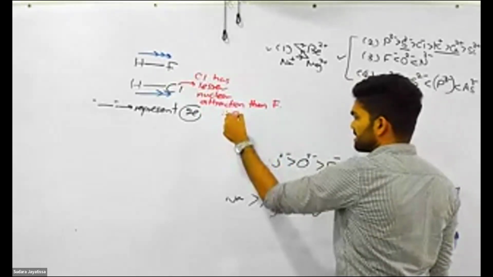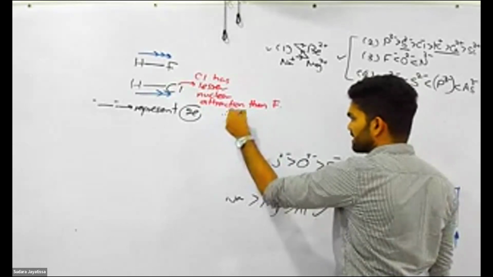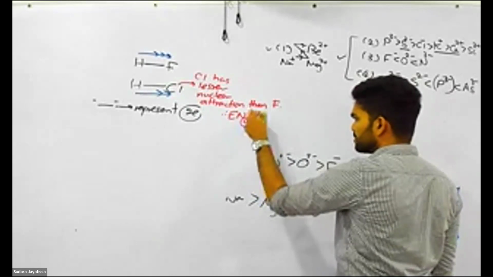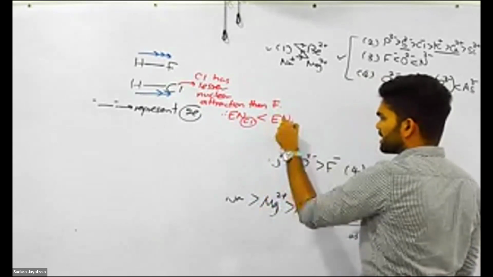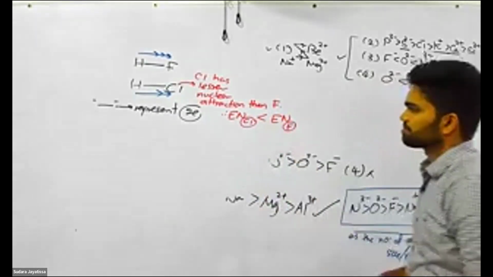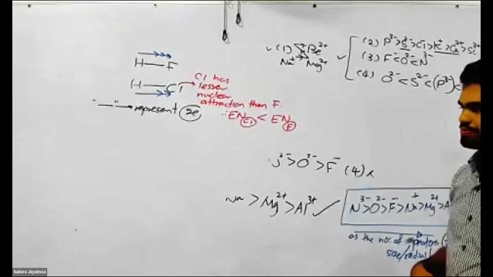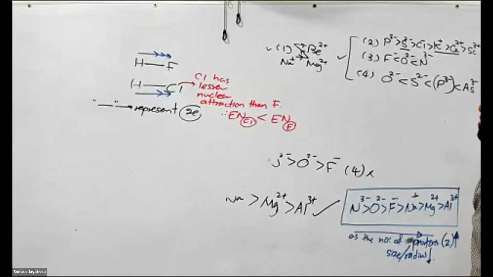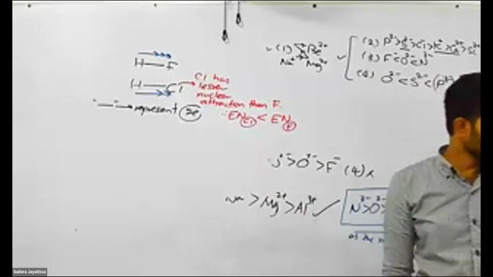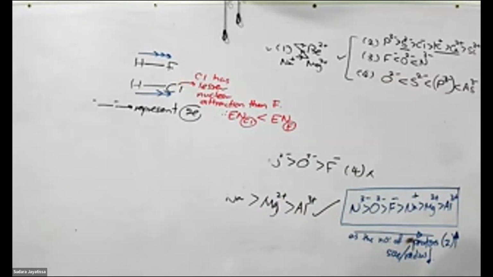Therefore, the electronegativity of chlorine is lower than the electronegativity of fluorine. Understood? So the downward group variation is explained by nuclear attraction.